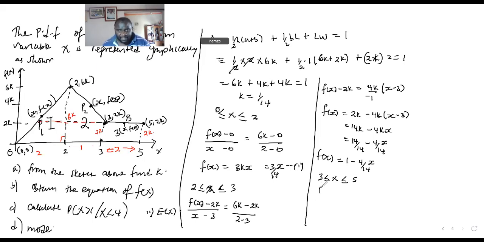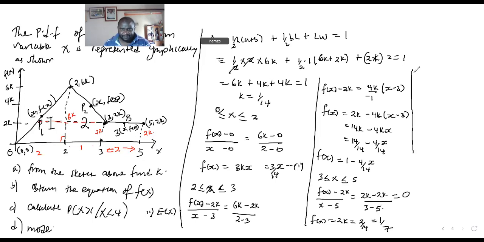So I'll have f of x minus 2k out of x minus 5 is equal to 2k minus 2k out of 3 minus 5. The whole of this is 0. So f of x remains as 2k, which is a constant, which is 2 out of 14. And the answer is 1 out of 7.